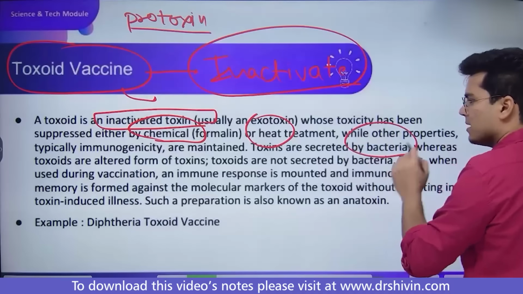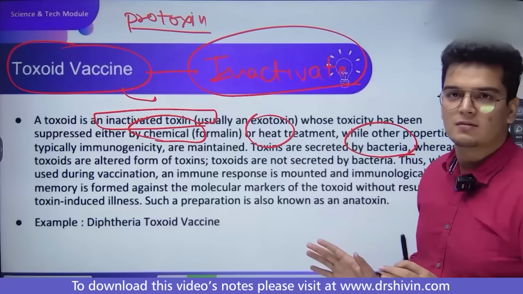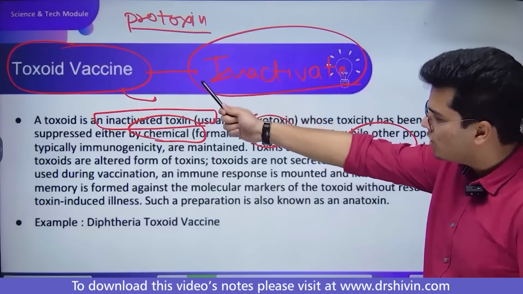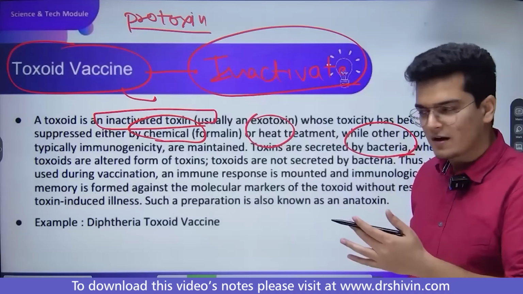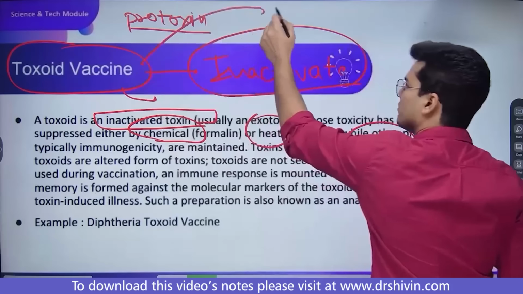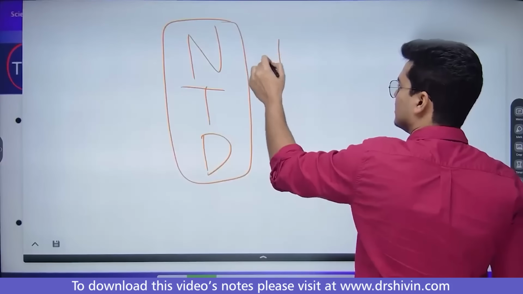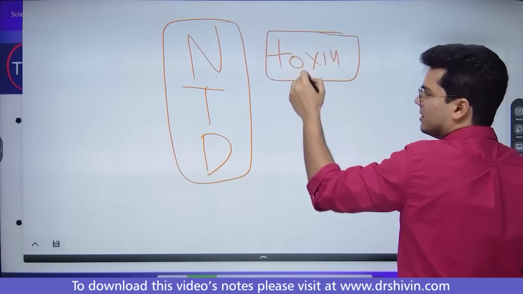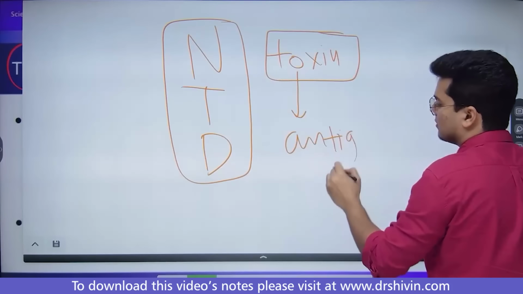Toxins are secreted by bacteria, right? Toxoid is not secreted by bacteria. Toxoid I have made artificially. Toxoid is used in vaccination. Okay. Now, why is it used in vaccination? In some diseases, the toxin itself, the toxin that the bacteria produces inside our body, is itself the antigen.